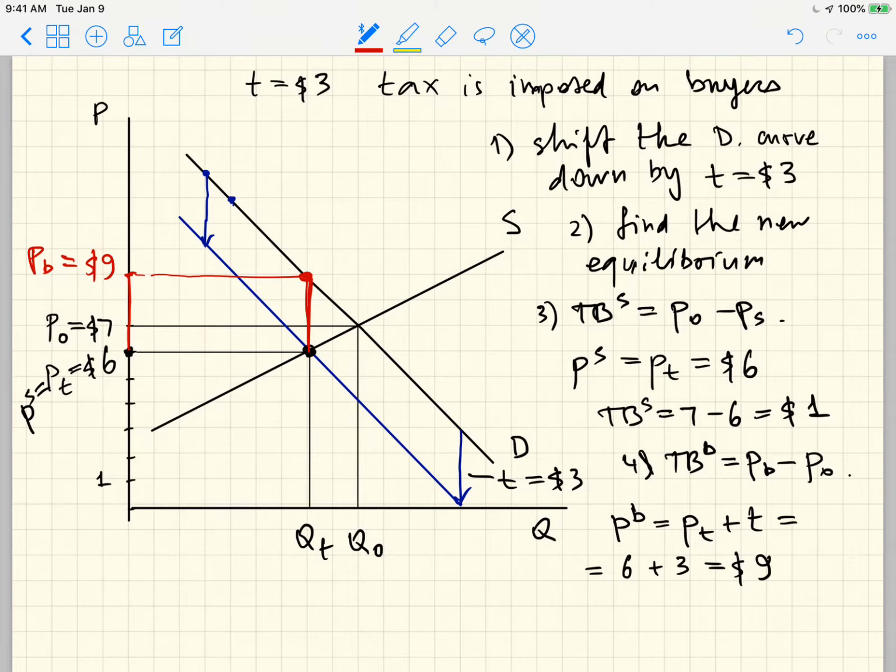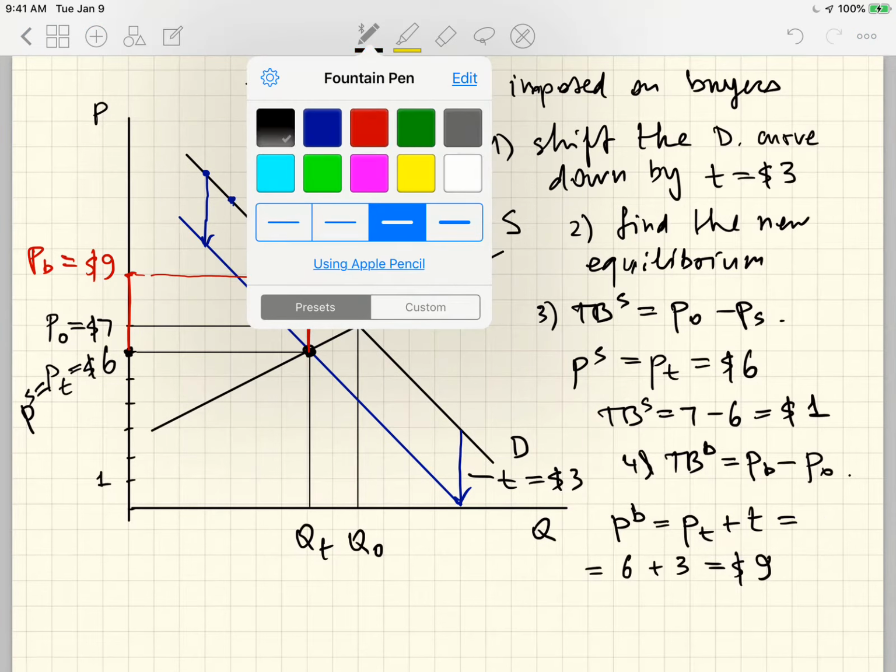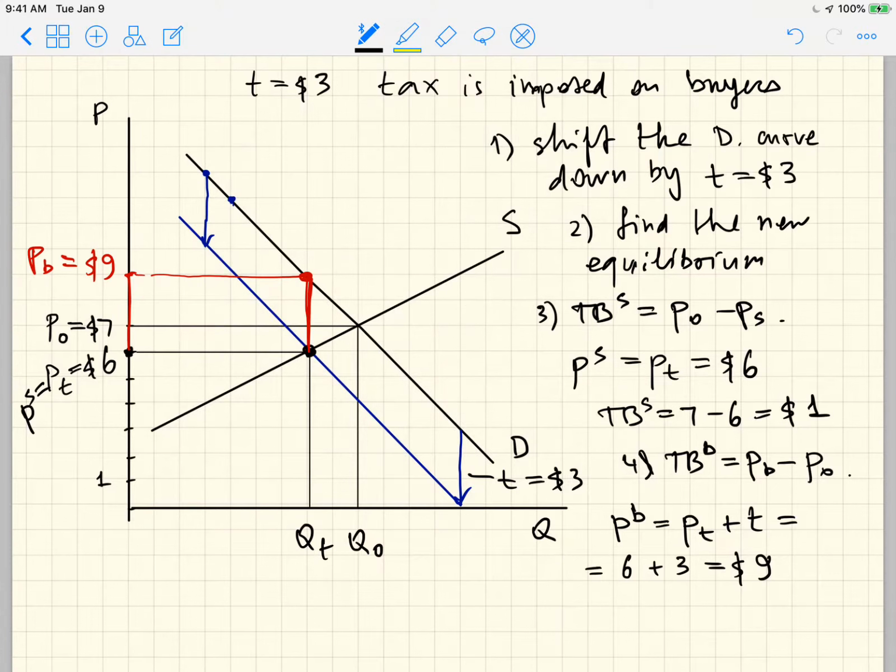But let's get it done with tax burden on buyers. Now we know PB, so tax burden on buyers is PB, which is $9, minus P0, which is $7, so $2. Here we go.